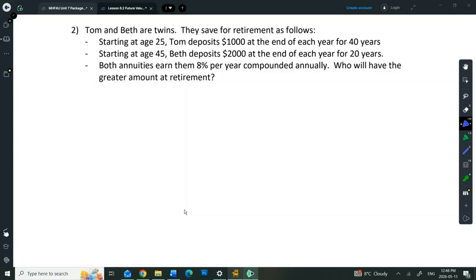Okay, so we're gonna do some calculations here and find out. So let's start with Tom, and then we'll do Beth on the other side here.